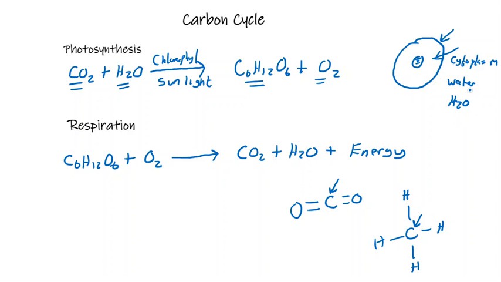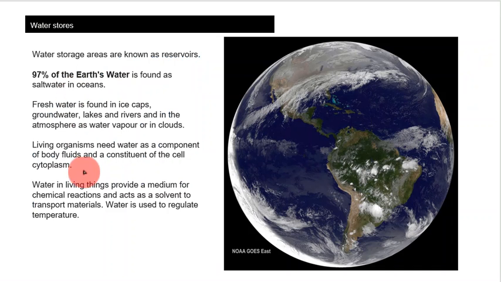Your body is made up of trillions of these cells, and inside those cells it's like a bag full of this stuff called cytoplasm, and cytoplasm is mainly made up of water. Water in living things provides a medium for chemical reactions and acts as a solvent to transport materials.